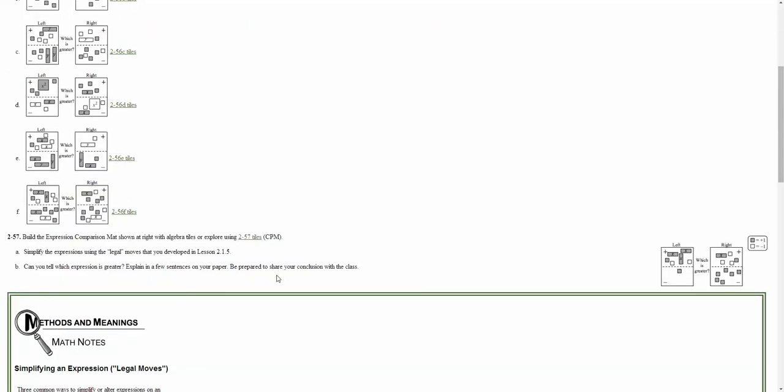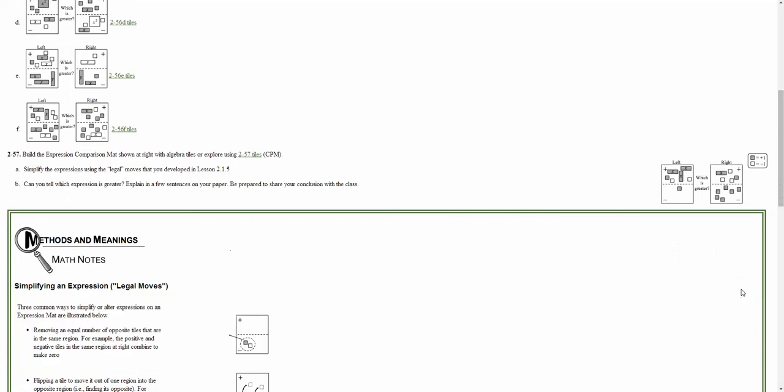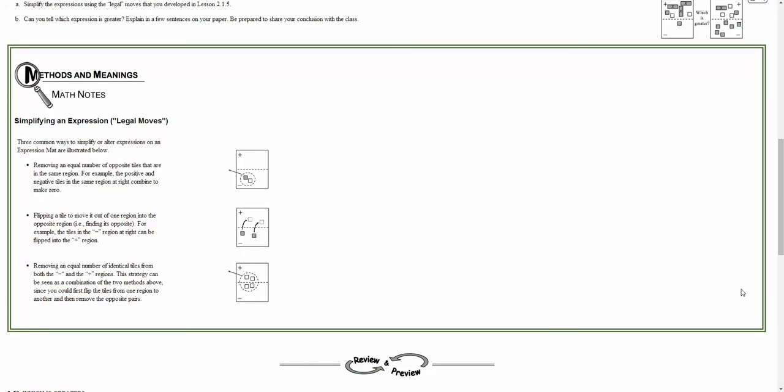I got A through F to practice there, and here's one more for you to go ahead and practice. So literally today is just a few practices. Notice that there's another math notes talking about the legal pairs, so be keeping up with that.